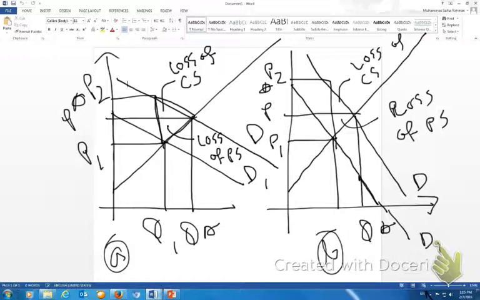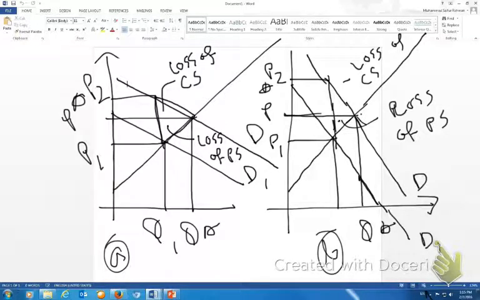But when you compare these two triangles in case B, you should notice clearly that the upper triangle is larger than the lower triangle. Let me show you again. If you think about it like that, it should be clear that the upper triangle is smaller than the lower triangle.